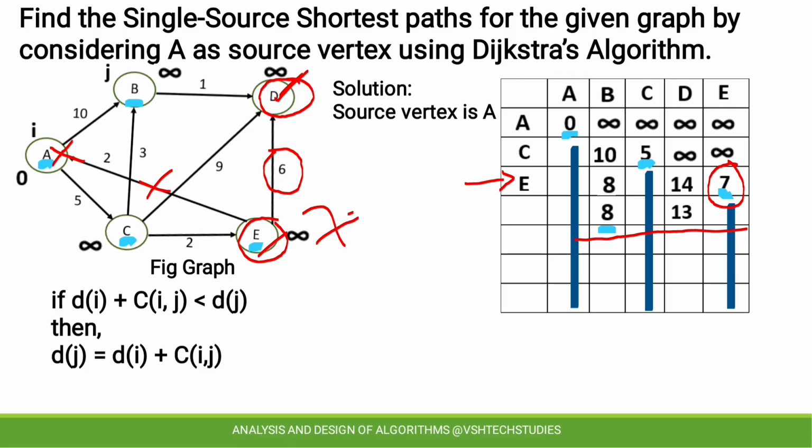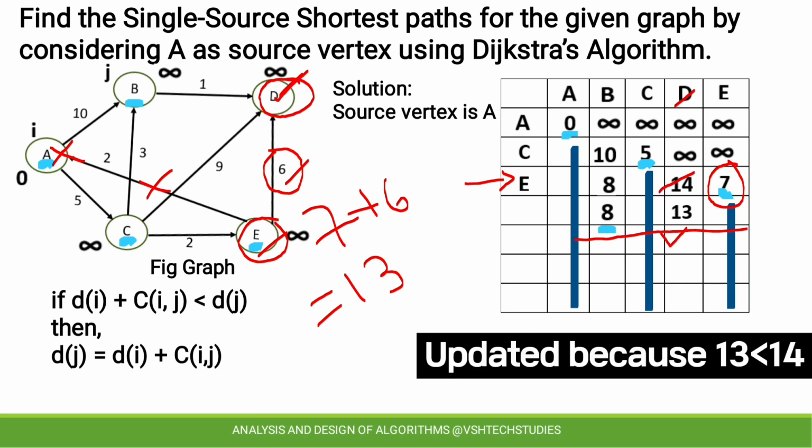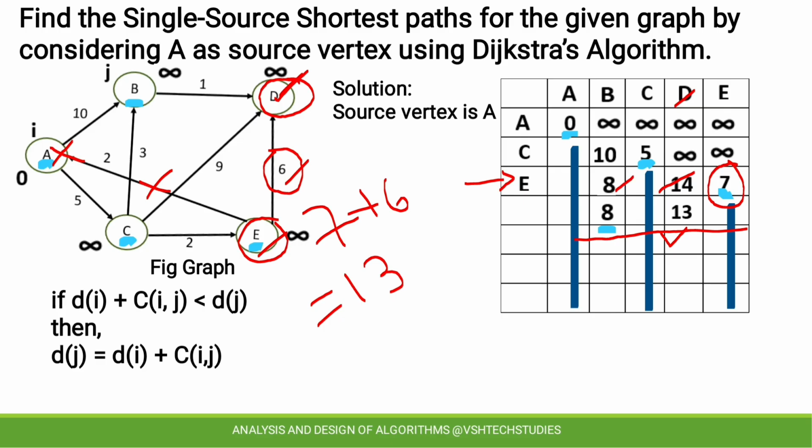So 7 plus connecting weight, this 6, is equal to 13. So distance of D is updated from 14 to 13, and that of B is continued to be 8 because this E is not connected to B. Whatever its previous status was, that is continued here.